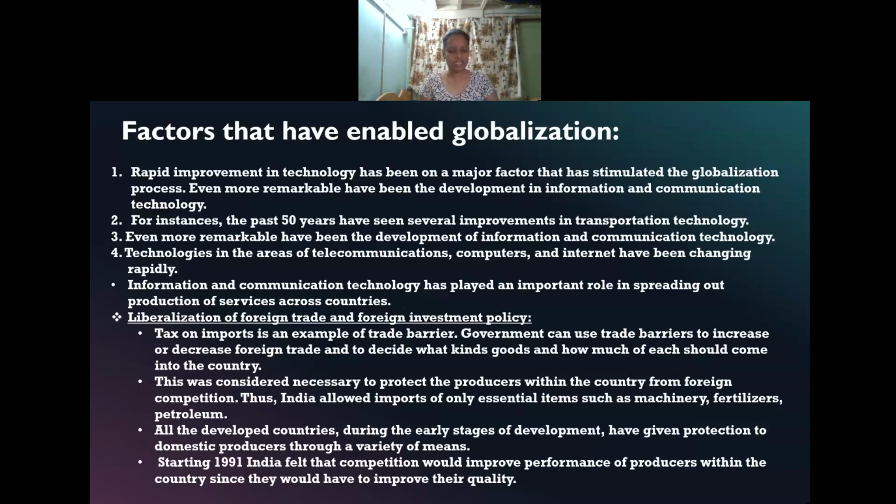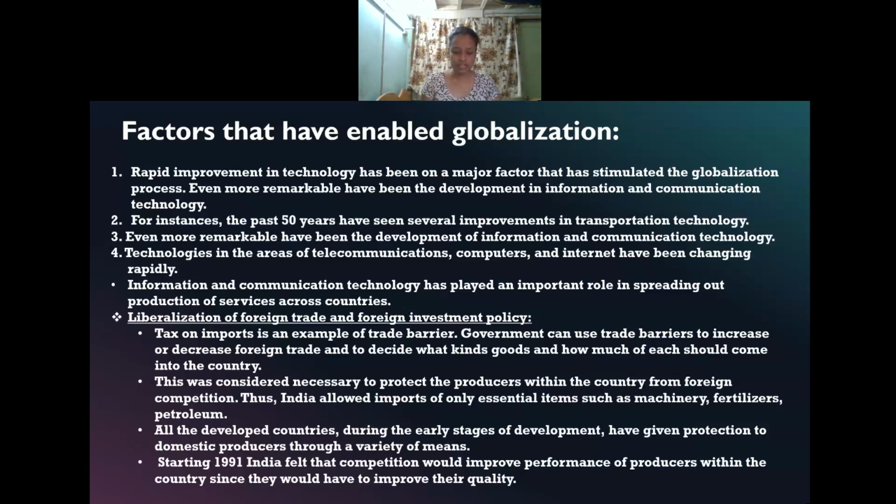Starting around 1991, some far-reaching changes in policies were made in India. The government of India decided that the time had come for Indian producers to compete with producers around the globe. When these facilities were given and trade barriers were put in place to improve their condition, at one particular period they decided it was now time for these domestic producers to compete with foreign trade.